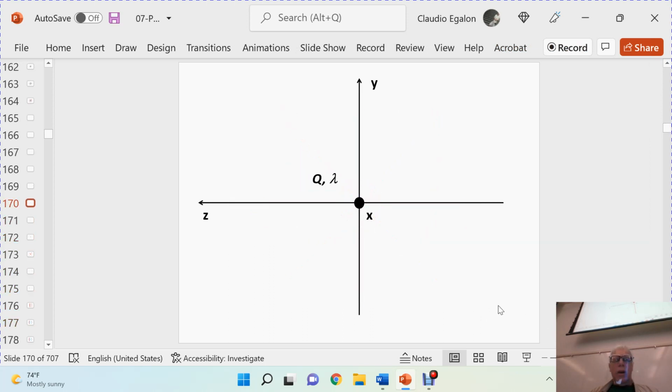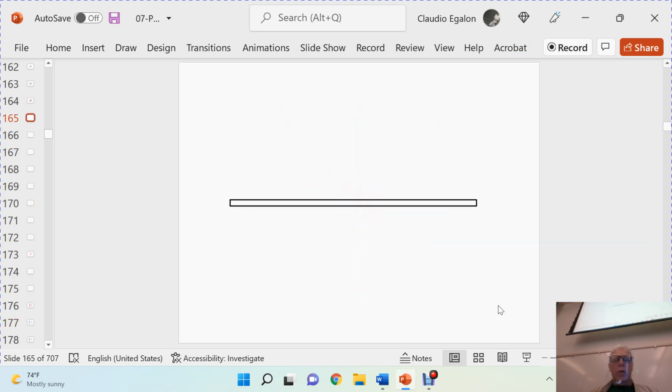We start with a rod. This rod has an electric charge, and this electric charge is uniformly distributed through the rod. This rod is positioned along the x-axis, and we have the y-axis as well. We want to find the electric field around this rod.